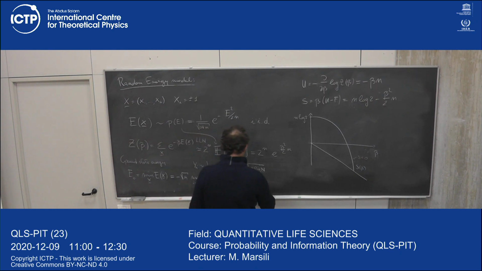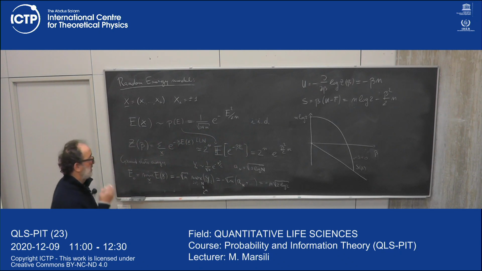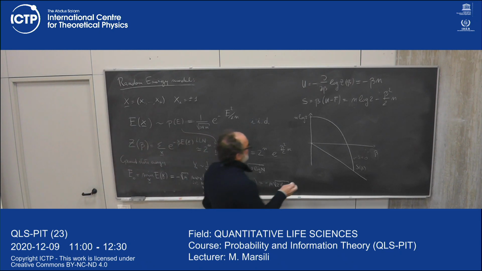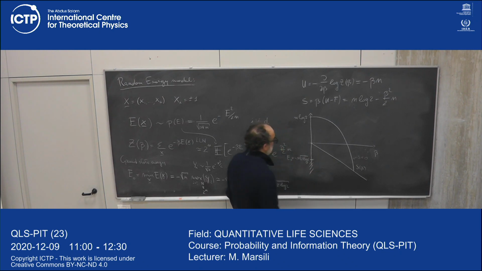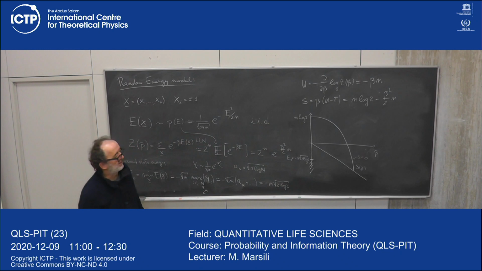So this is equal to minus square root n times square root n, which is just n, times square root of 2 log 2. Okay? So essentially this tells you that the minimal energy is equal to minus n times square root of 2 log 2. So there is no energy level below this point.